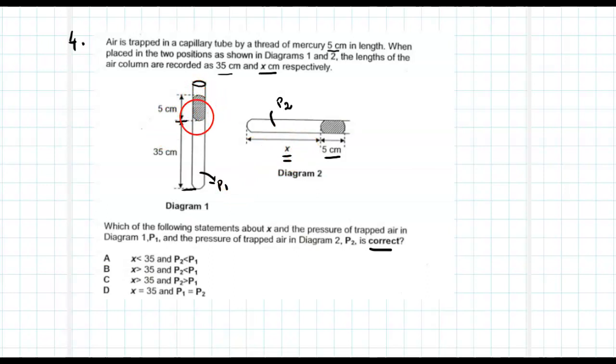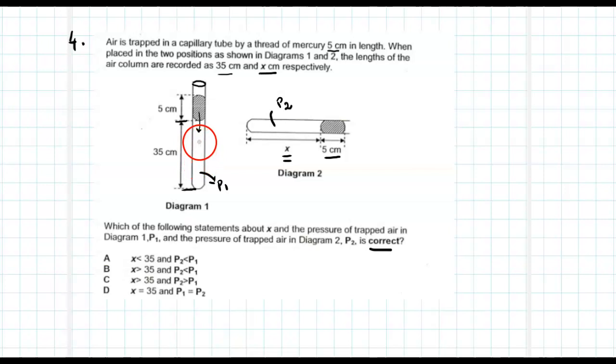The mercury has some weight which is acting down onto the air molecules. As the air molecules are being pushed by the 5 centimeter length of mercury, the volume decreases and the pressure increases.